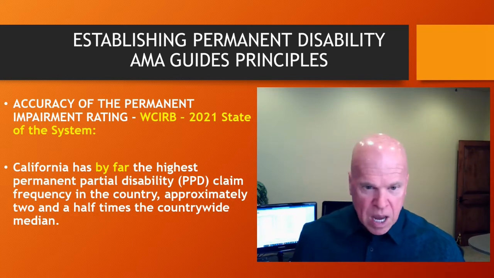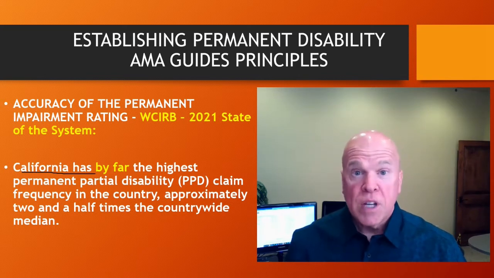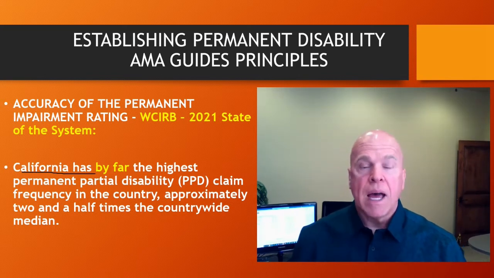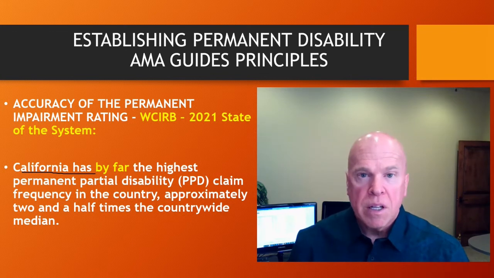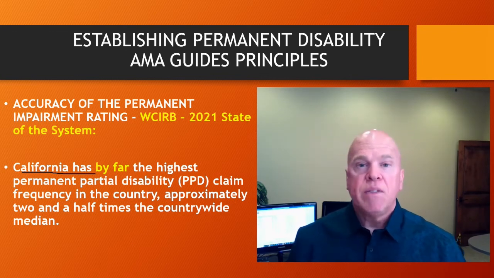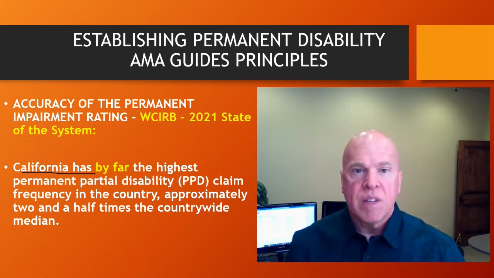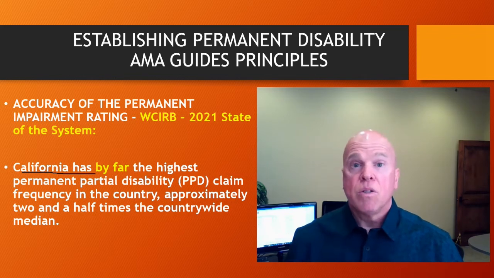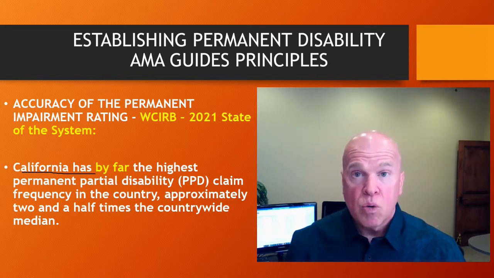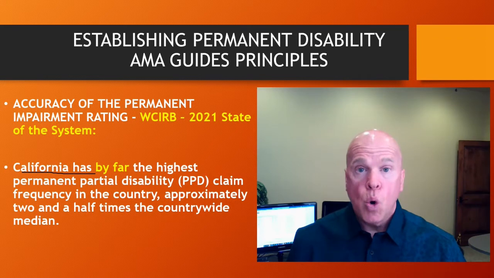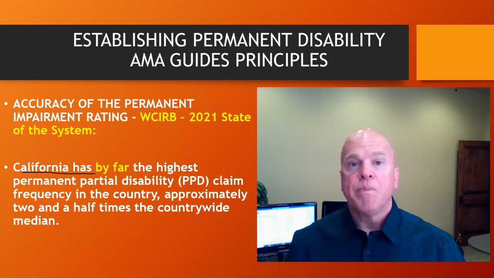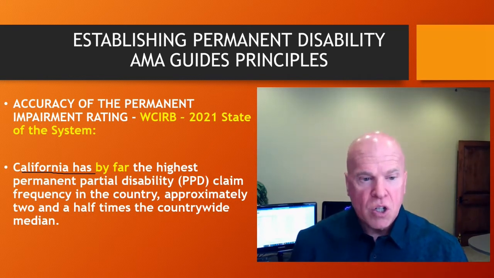In other words, the examinee is receiving a permanent partial disability award for the same injury condition. How can that be? In California, there must be some deviation from the strict application of the AMA guides compared to evaluators in other states who are providing for no permanent partial disability for the same injury condition.